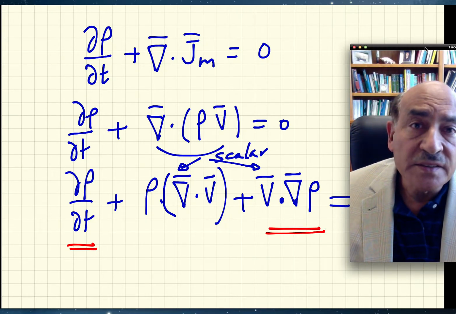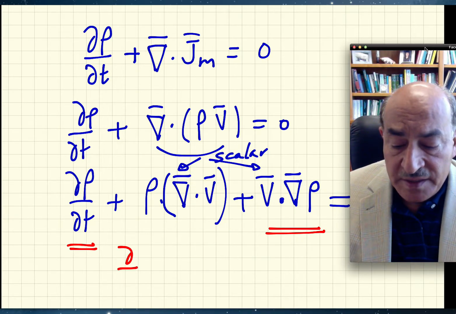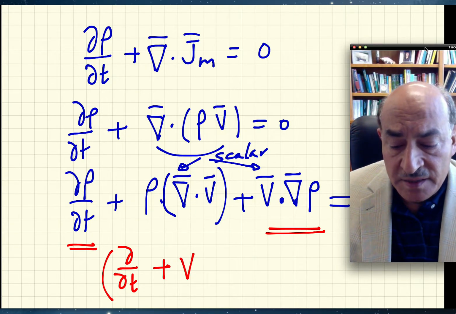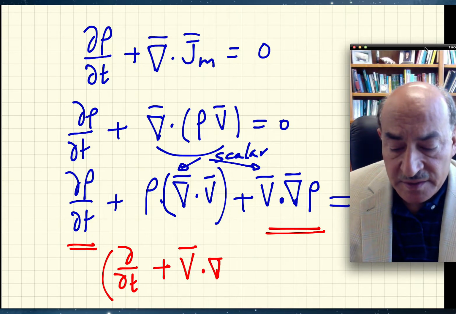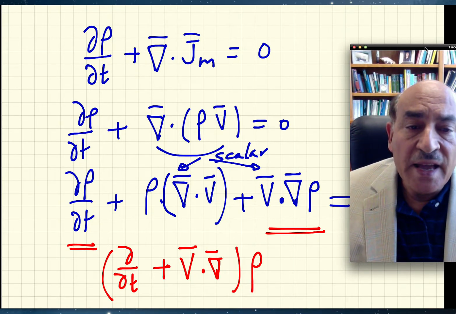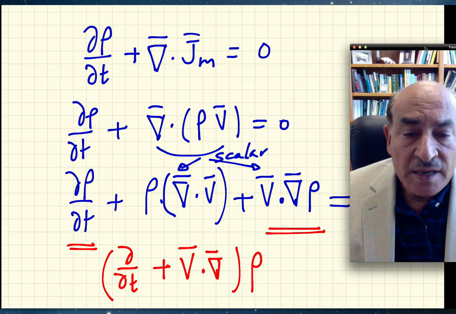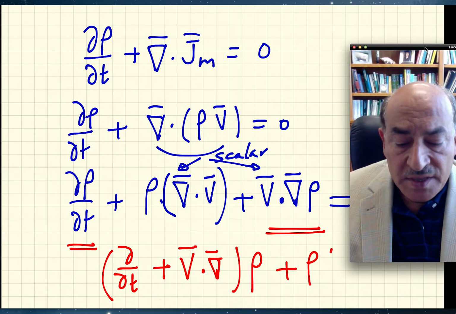We can collect them together in a symbolic form by writing d by dt plus, this is an operator now, v dot grad, the gradient, and this is multiplied by rho. So this is basically adding the two together. We have d by dt plus v dot grad times rho, meaning operating on rho, plus rho times the divergence of v. This is equal to 0.